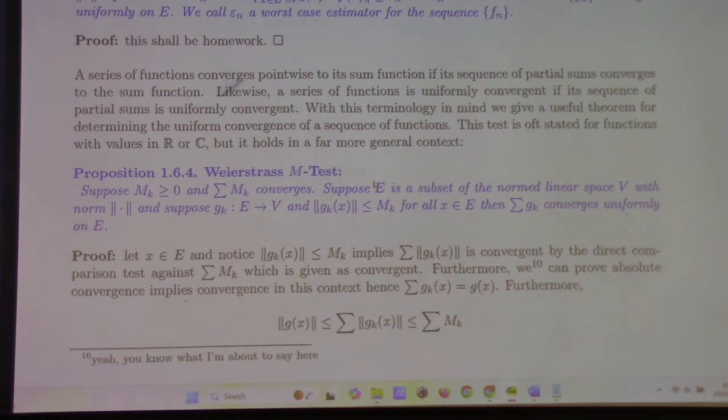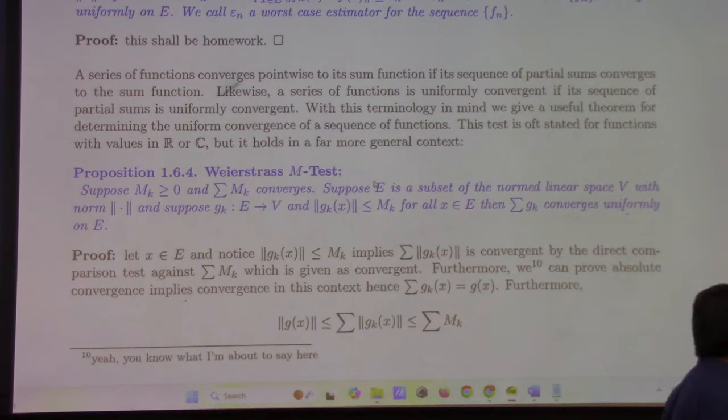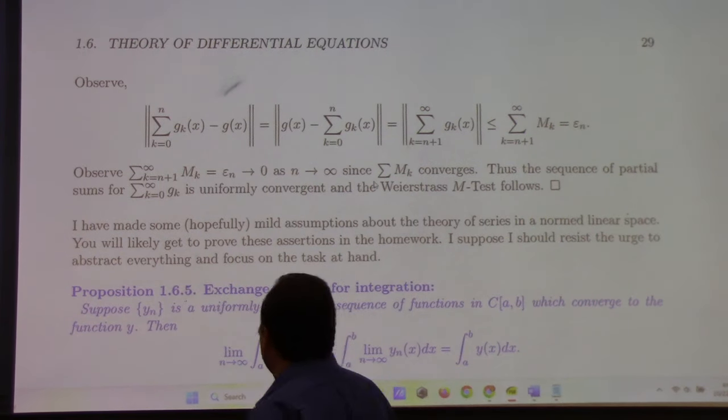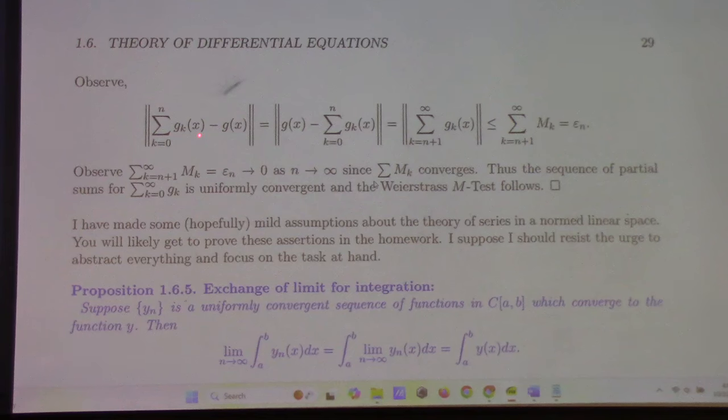All right, so if we look at the tail of the series here, then it's bounded above by the tail of the majorizing series. We can call that epsilon n, but we know that the tail of a convergent series goes to 0. And consequently, this serves as a worst case estimator, which shows you then that the series of functions converges uniformly, and so the Weierstrass M-test follows.